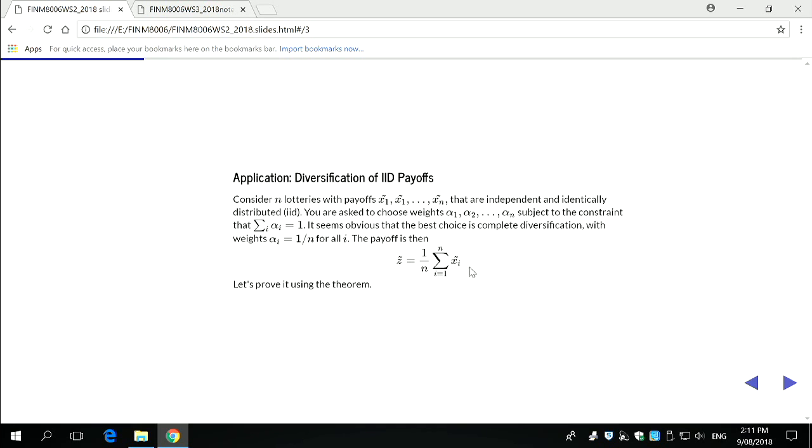We want to show this z tilde is optimal. Let me summarize what we're trying to do: we want to show that simple diversification, just 1 over n, is the best solution for IID random lotteries.